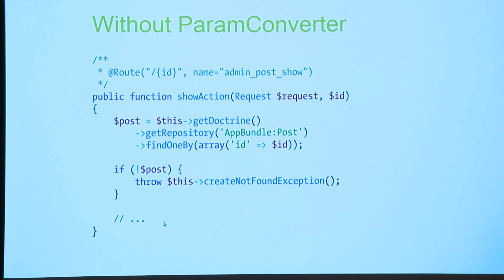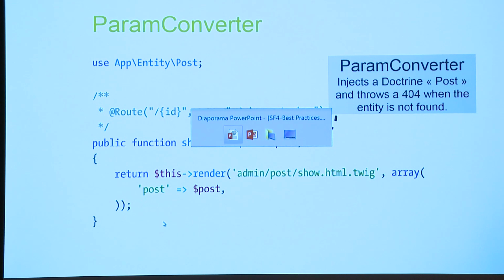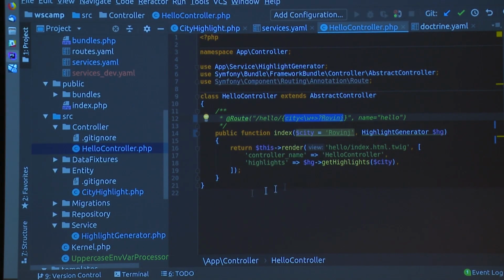If you want, I didn't show you, but just to make it clear and be sure, there is one very nice use case of type hinting services in your action. It's for repositories. Because here, let's say we are dealing with cities highlights directly in the controller.